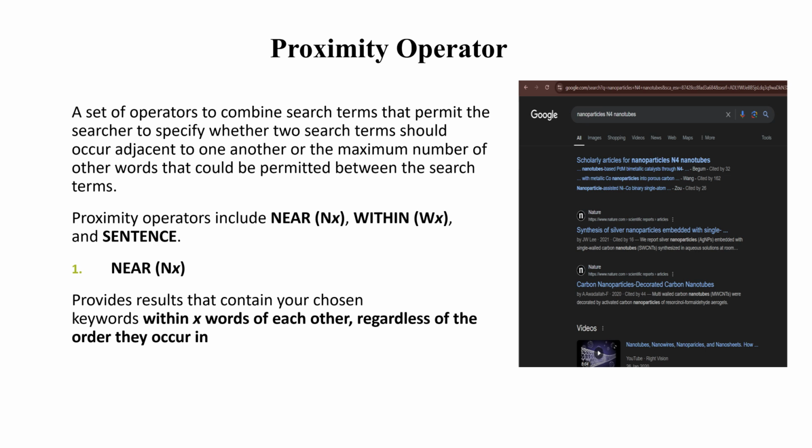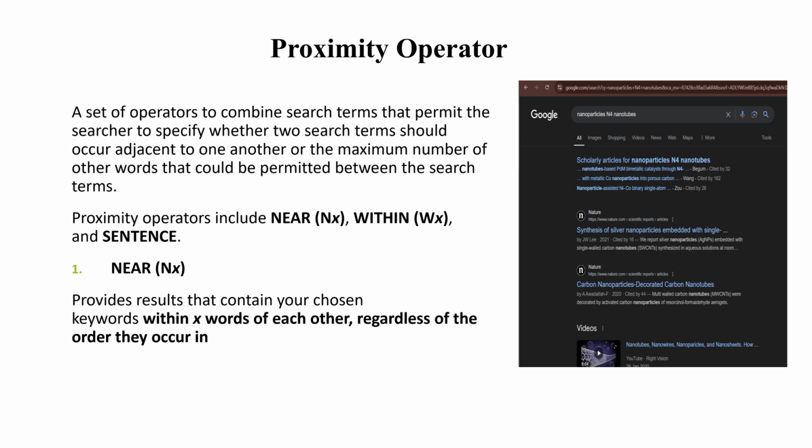These operators include the NEAR operator, sentence operator or within operator. If we put the NEAR operator, here I have put nanoparticles N4 nanotube. It means I am trying to search for a document which has both nanoparticles and nanotube in that document, and the distance between nanoparticle and nanotube must not be more than 4 words.